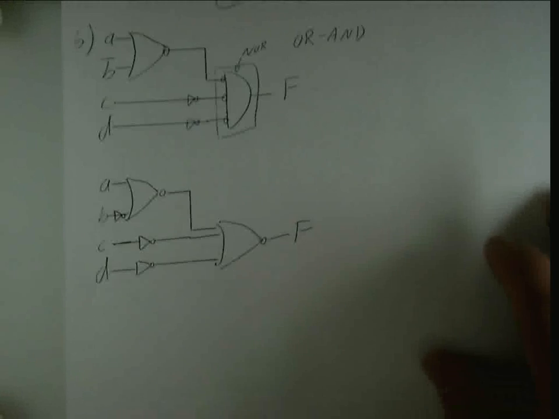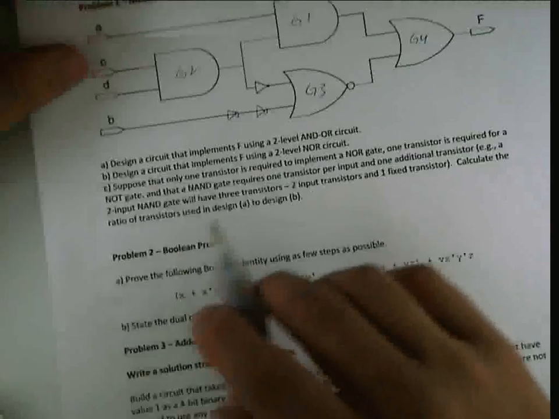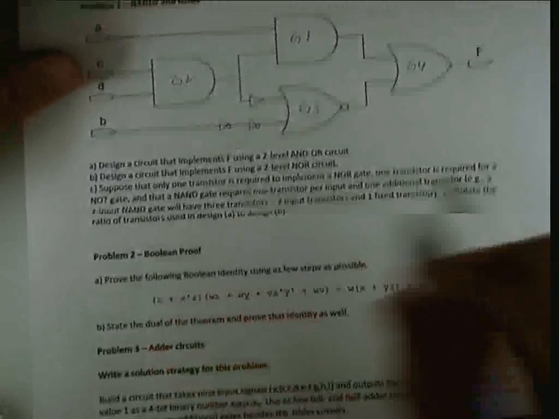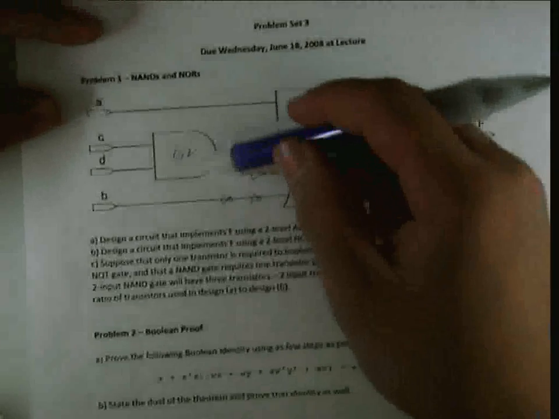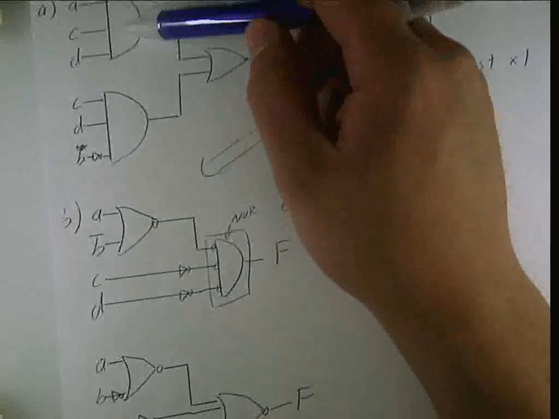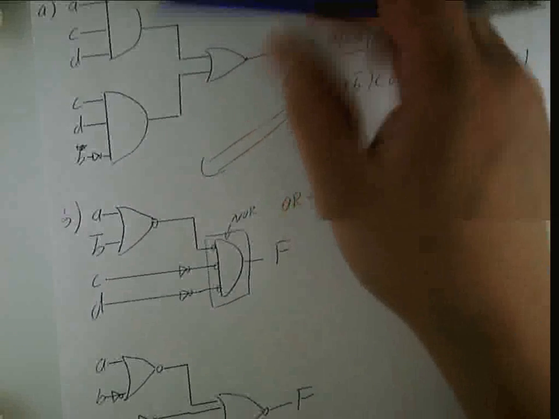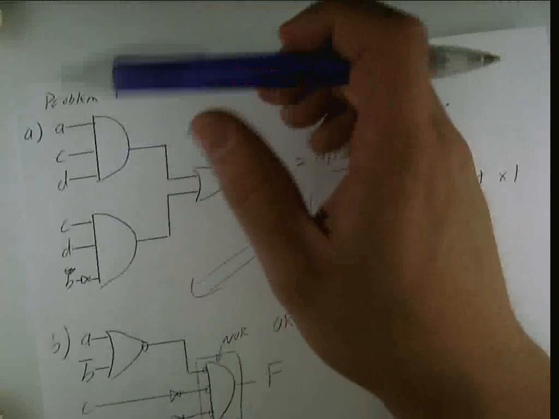And so finally, for part C, we need to calculate the ratio of transistors used in design A to design B. Each of these AND gates is composed of a NAND gate with a NOT afterwards.